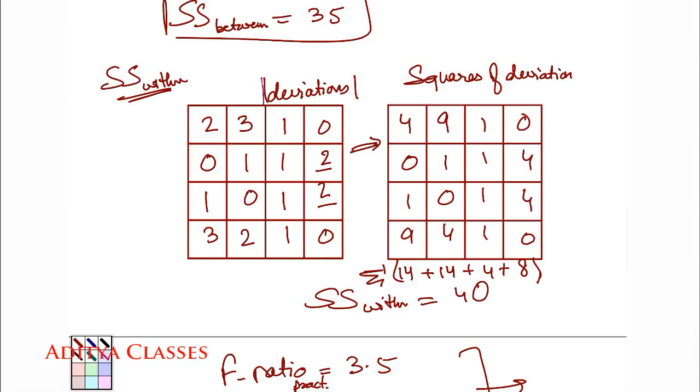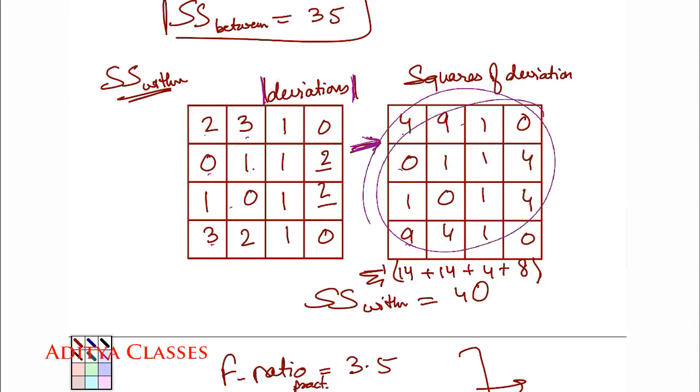Now we took modulus of deviations. Why we took modulus of deviations? Because ultimately we were going to square them. So negative values were irrelevant. So you can safely ignore the negative values. Now once we had these deviations, we went in for squares. 2 squared gives me 4, 0, 1, 3 squared gives me 9, 3 will give me a 9 and so on.